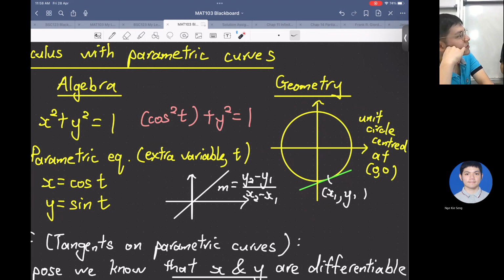You have dy/dx equals 0. One of the points is maximum or minimum. The critical point, dy/dx equals 0.